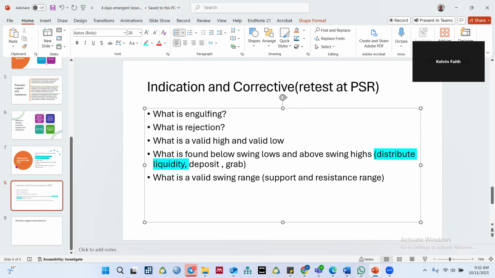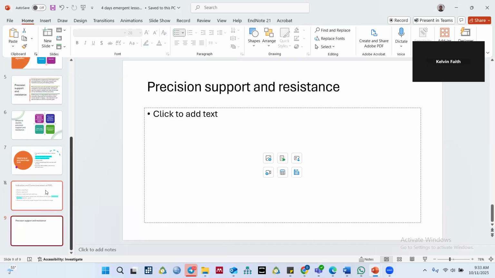Reference highs, reference lows, swing highs, swing lows are technically the same. Or price will want to move there and grab. Three things: distribute, deposit, grab. This is what happens at swing lows, swing highs, or reference lows and reference highs. So let's move quickly to the chart and see.